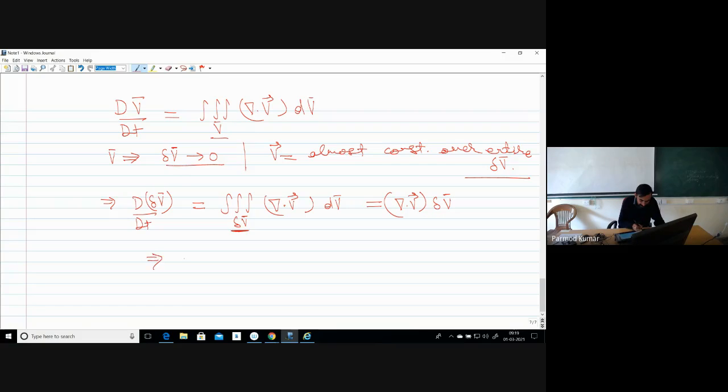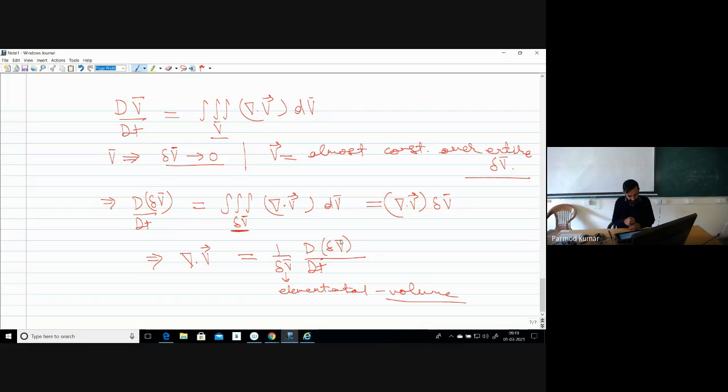So from here, I get the divergence of the V vector as equal to 1 by delta V bar into d by dt of delta V bar. Over here you can see that delta V bar is nothing but our elemental volume, and d by dt of delta V bar represents the time rate of change of elemental volume.